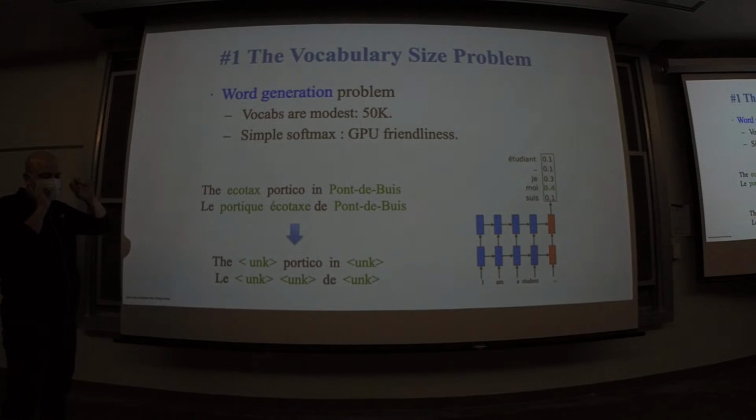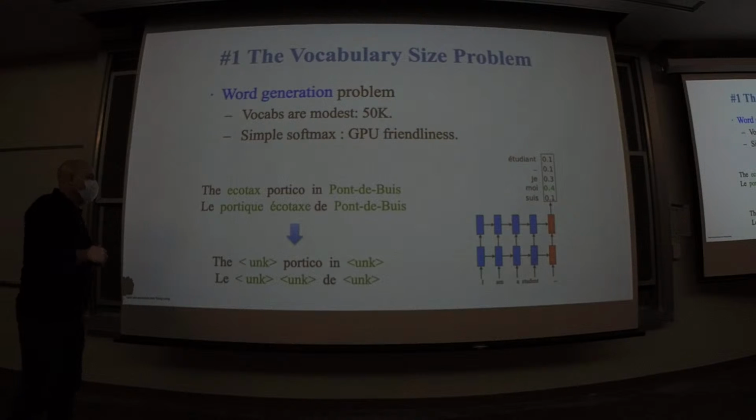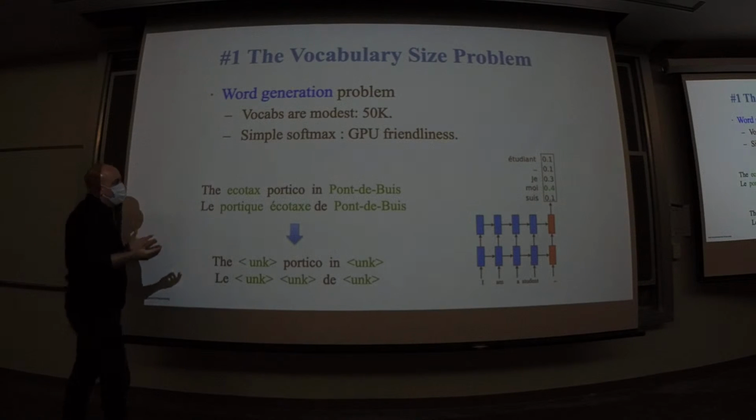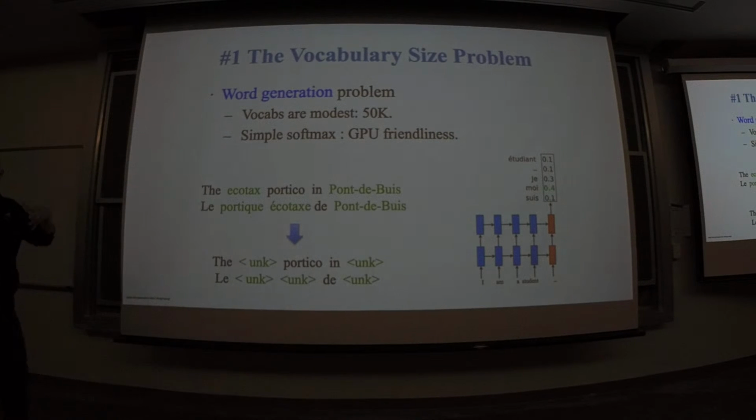The way this is dealt with is to still maintain that this is a classification problem, but we're going to look at our corpus representing all of the examples of a particular language, and pull out the words that are most frequent.